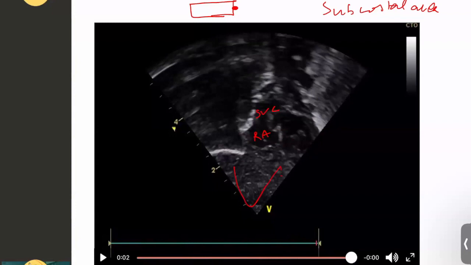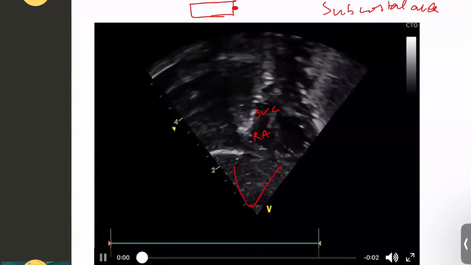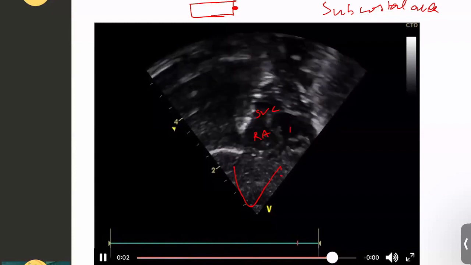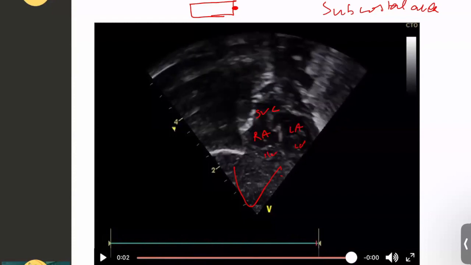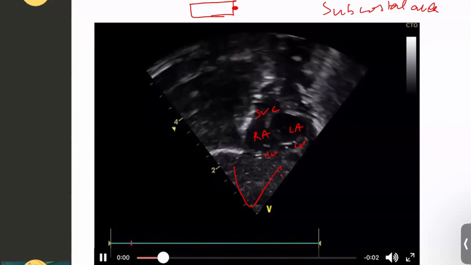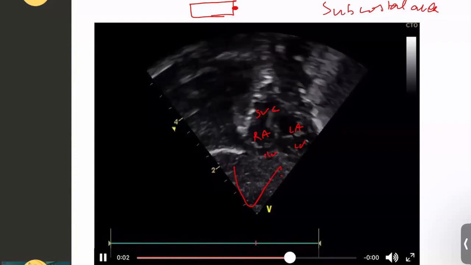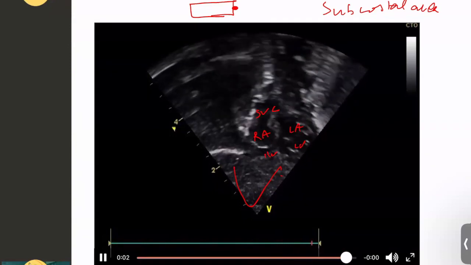So this is the subcostal view. My probe is here, and in this view these are the ventricles, this is the LA, this is the LV, and the RV we can see very minimally, because we want to see how the SVC is entering into the RA.